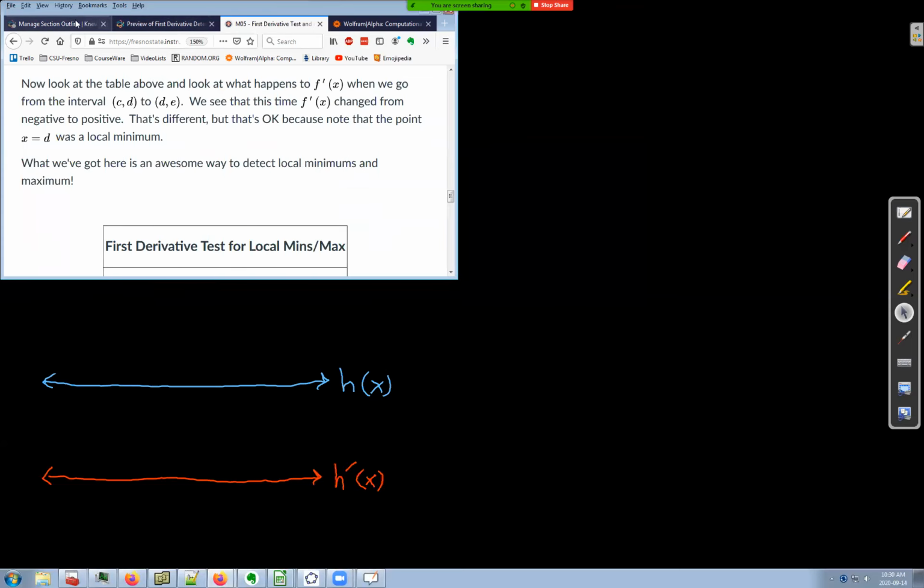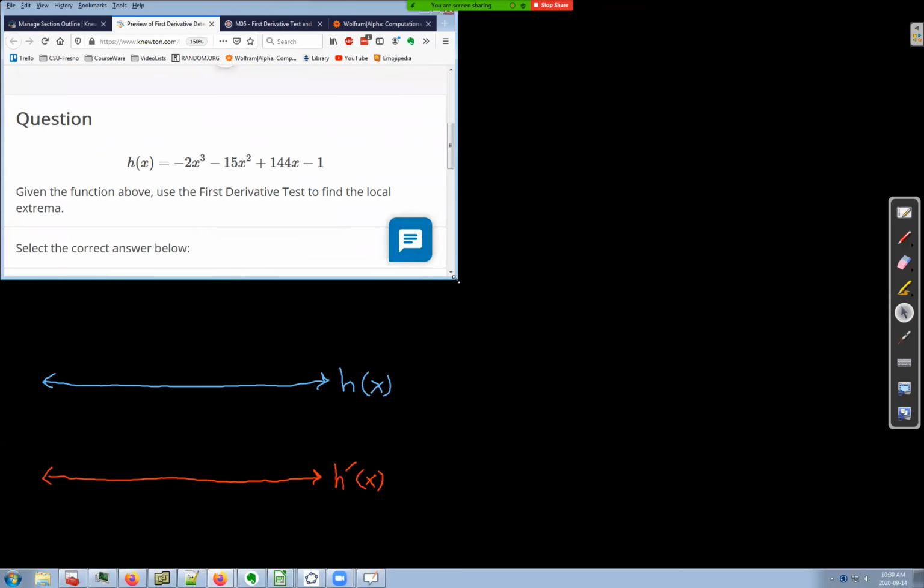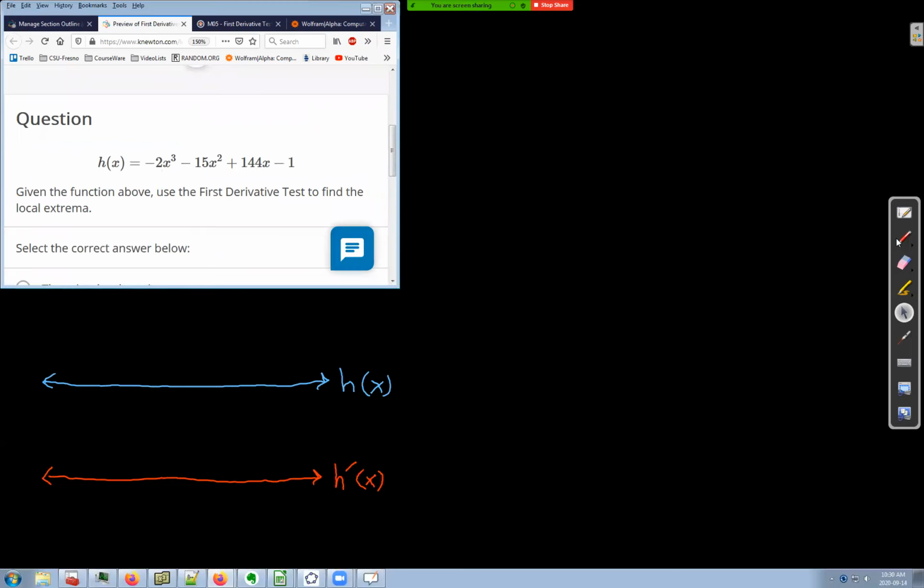Okay. So if we're going to find where the derivative changes sign, I guess we need to find the derivative. So let's write down the derivative. The derivative of this function is not too bad. H prime of x is equal to negative 6x squared minus 30x plus 144.